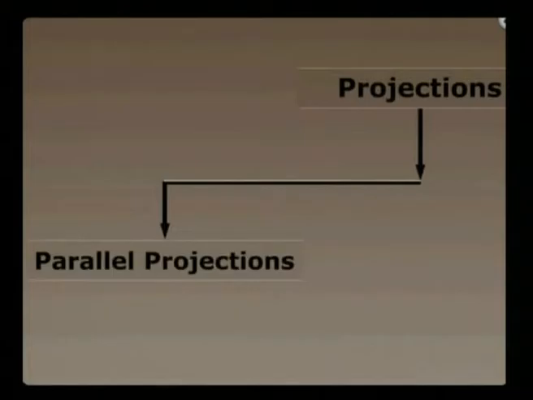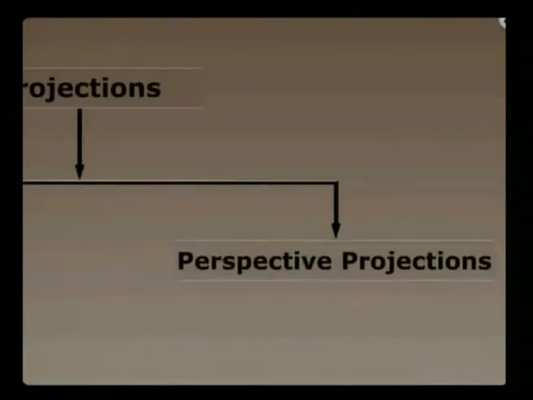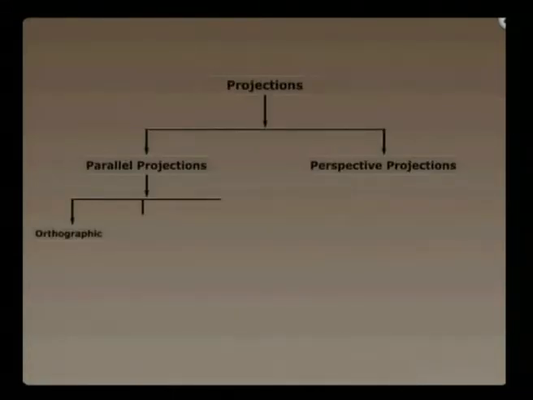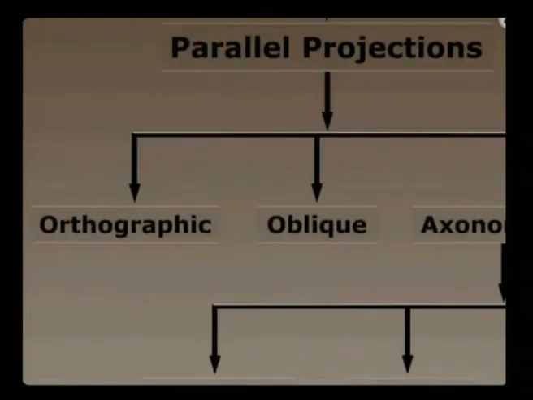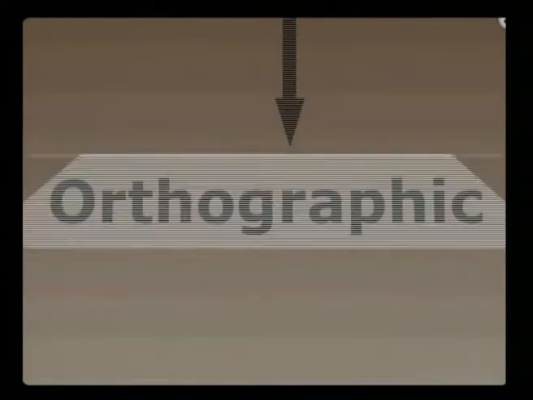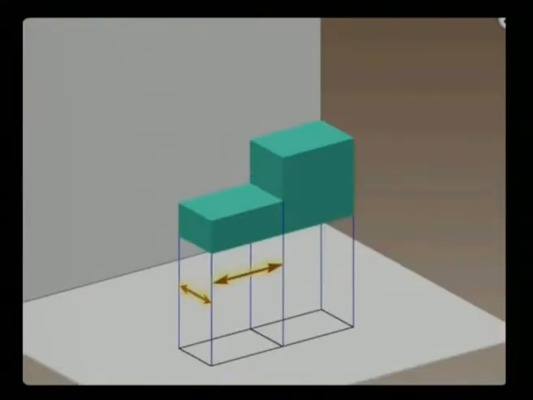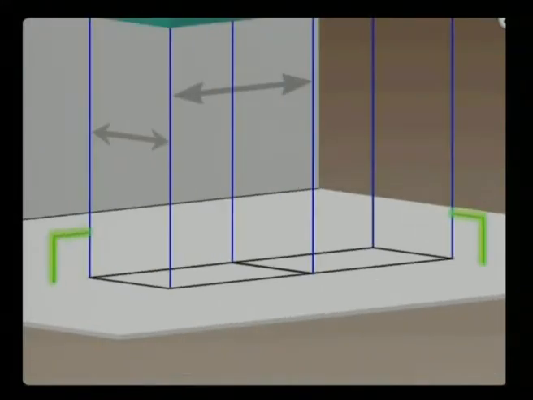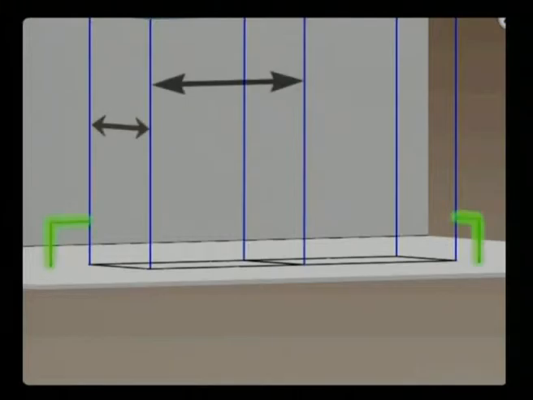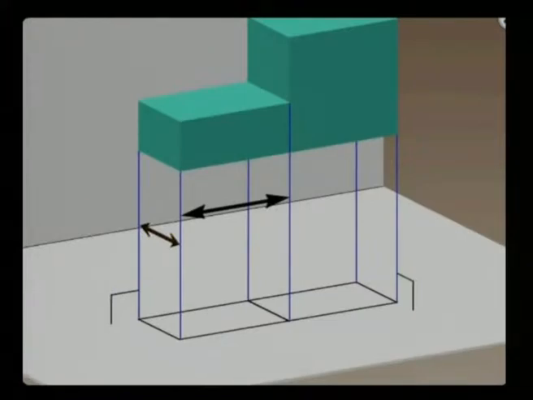Projection has two types: parallel projection and perspective projection. Each of these in turn has further subtypes. We will focus on orthographic projections, where the projectors are parallel to each other and intersect the projection plane at right angles. We will study orthographic projection in detail later.